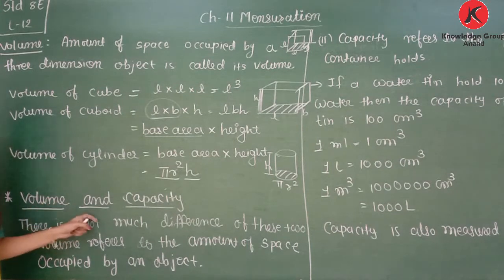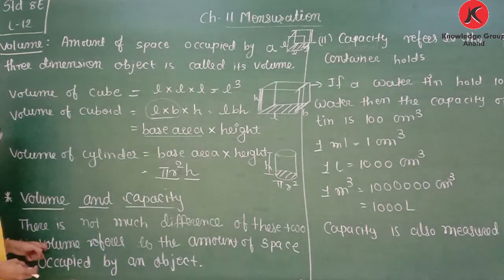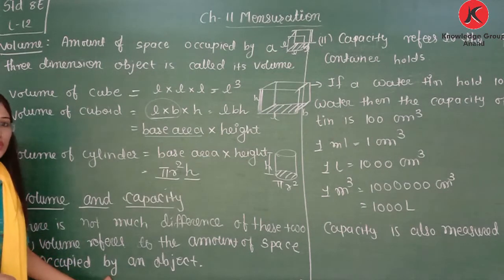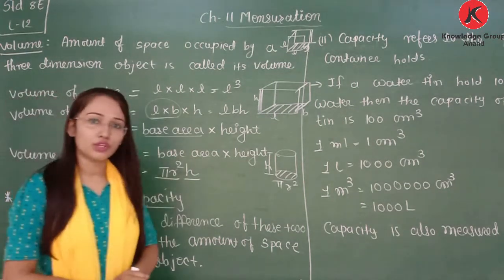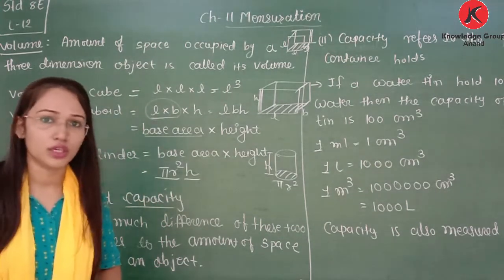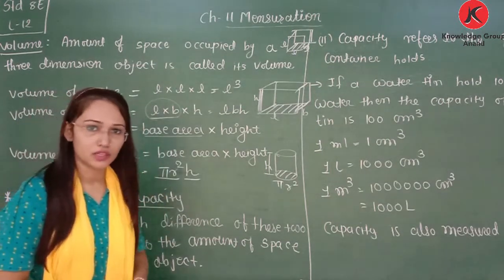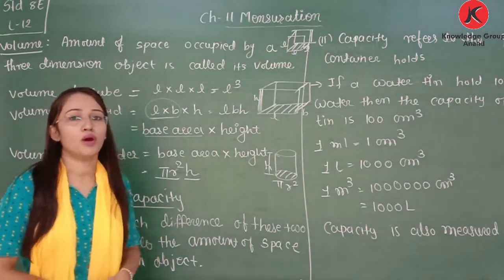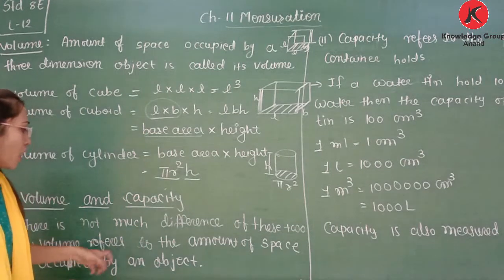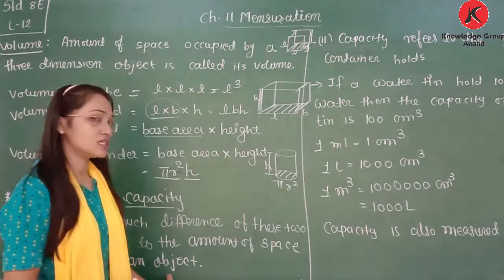So capacity and volume. Now there is not much difference between capacity and volume. What is the volume? Volume refers to the amount of space occupied by an object. If you place any 3D object in any 3D region, whatever space is occupied, you also need to consider its height when we are talking about volume.